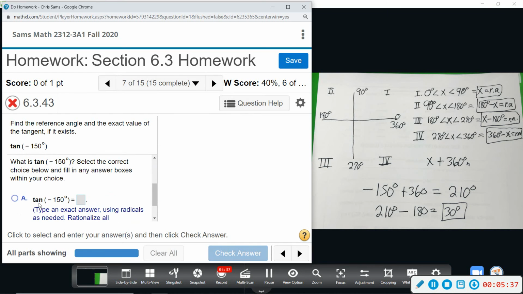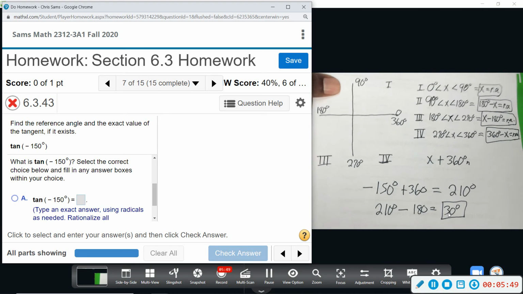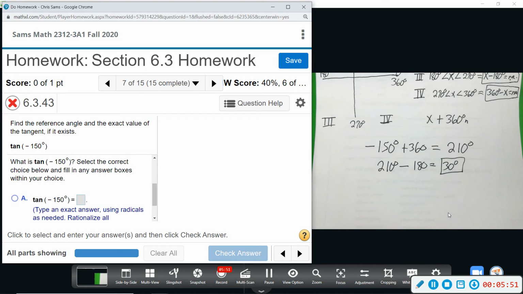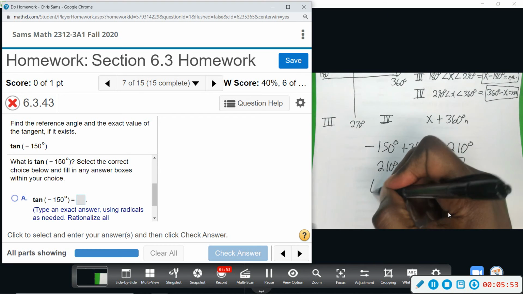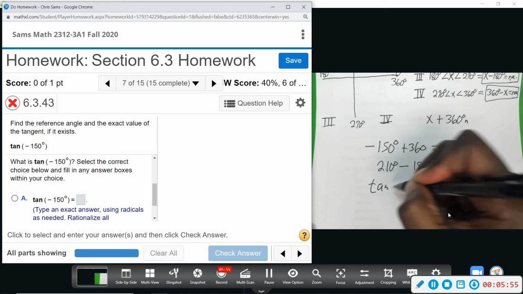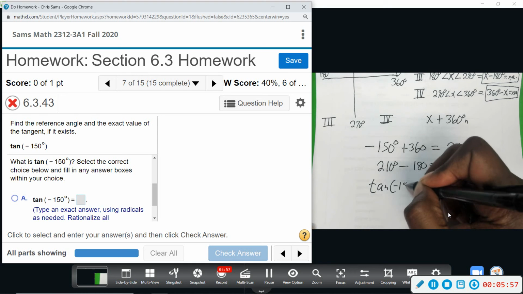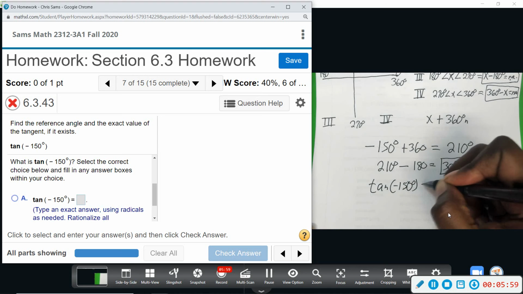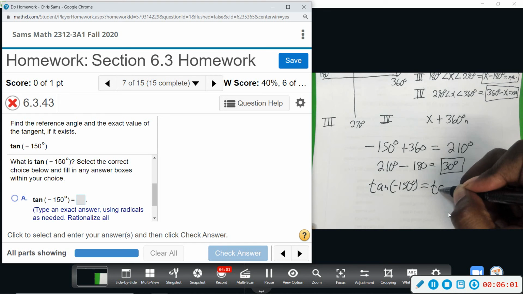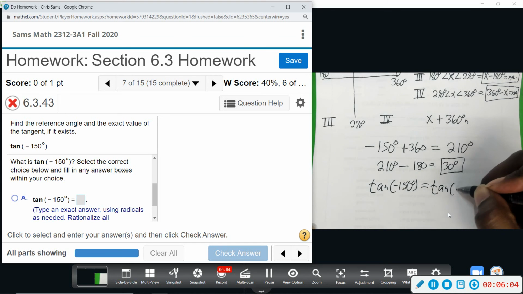All right, and then we want to know what the tangent of this is. So according to the process, the tangent of the reference angle is equal to the tangent of the angle. So this is what we're saying, tan of negative 150 should be equal to the tan of 30.